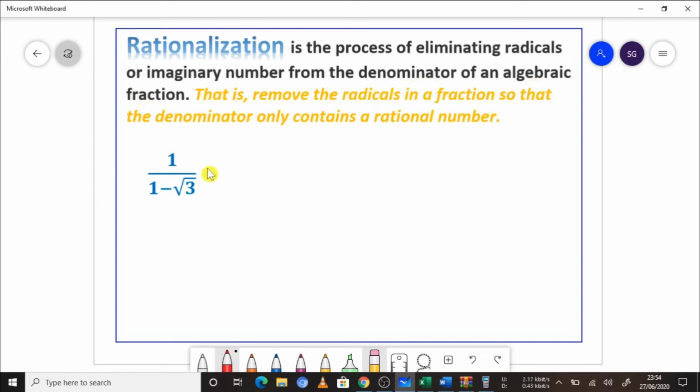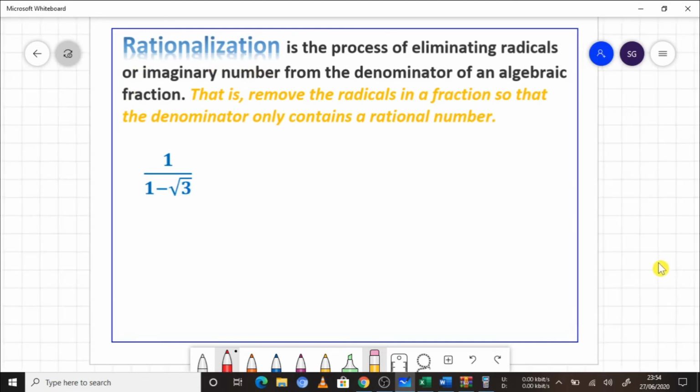For example, this is our fraction. It has radical signs in the denominator, or we can say it has a surd in the denominator. We want to make it into a rational number. This denominator has to be turned into a rational number, and that process is called rationalization.